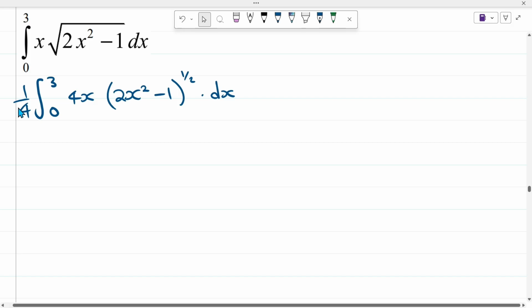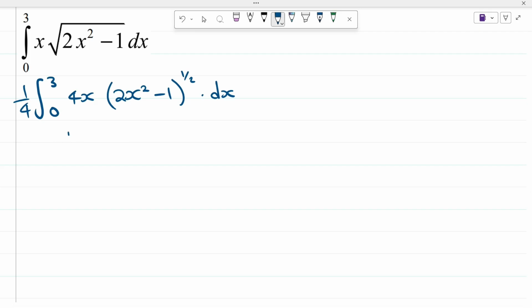So from here, since I have the function and the derivative of the function, I can use the general power rule, like I've said. And also my n is not equal to -1, so yes, I'm allowed to use the general power rule. Therefore the answer for this is going to be 1 over 4, which is coming from the outside there.